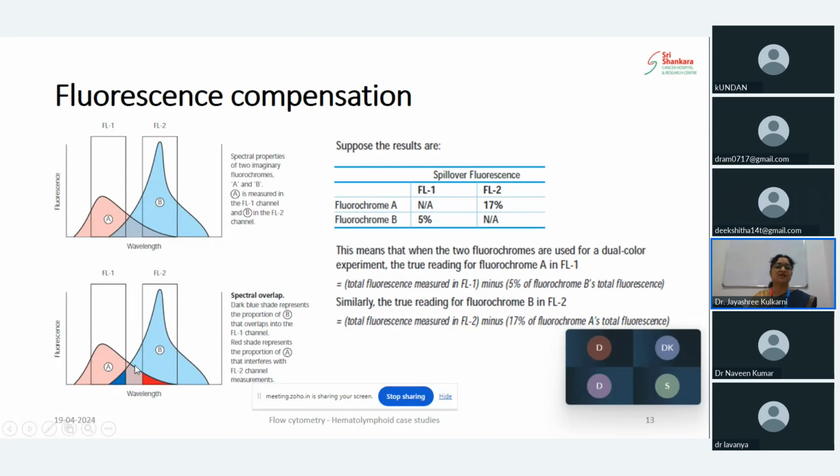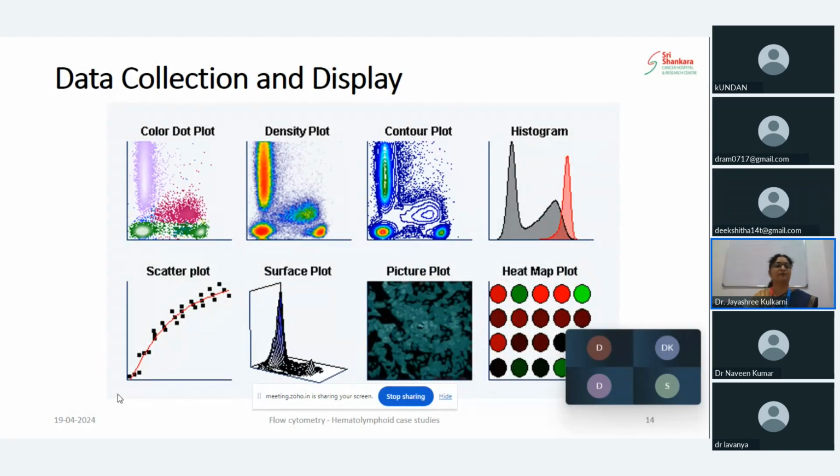So as you see, there is an overlap here. So whichever cells have both the characteristics, they may confuse. So there is an inbuilt program where you can nullify this common light and see to it that your cells get separated appropriately. That is known as fluorescence compensation.